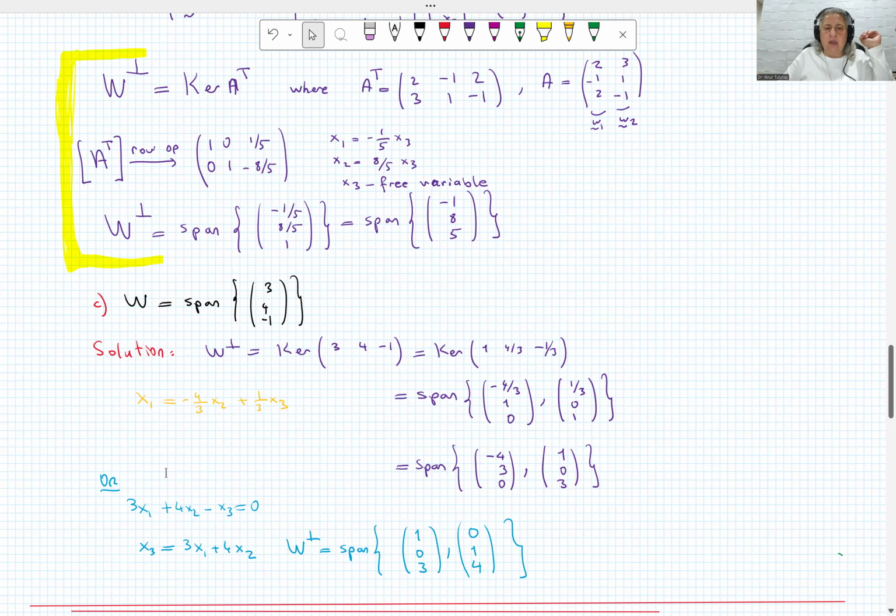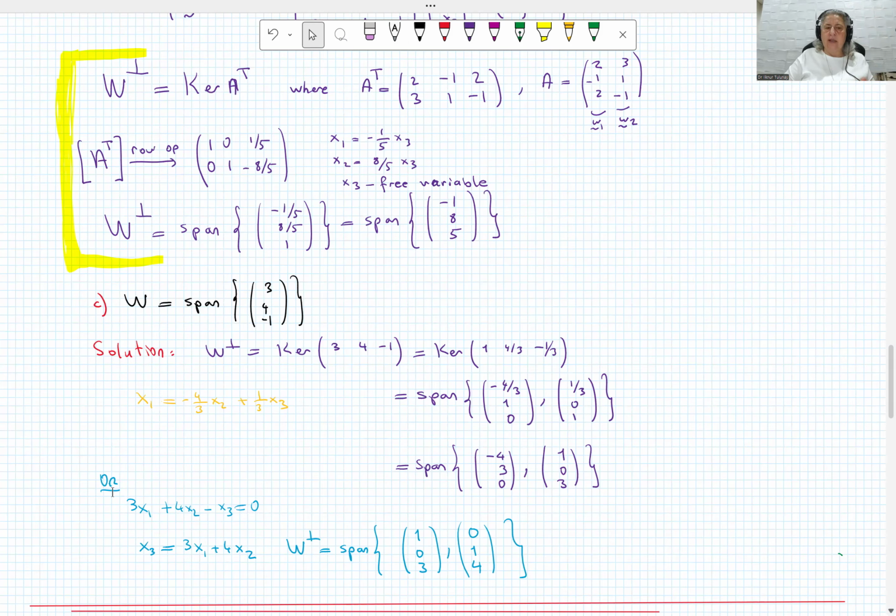Now for this part, you can think of this as the equation 3x1 plus 4x2 minus x3, because this is the normal. The orthogonal complement will be the plane with that normal.